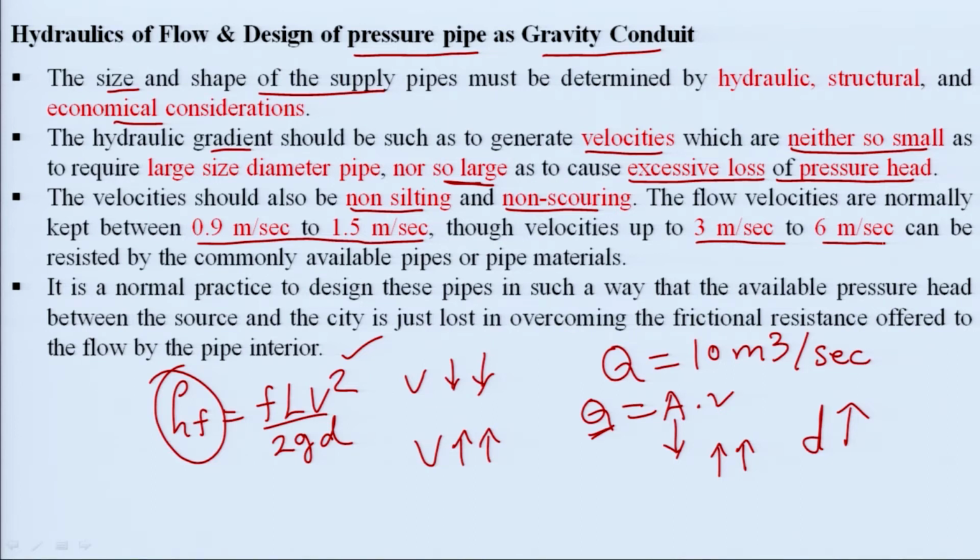Okay. So, the pipe should be designed in such a way that the available pressure head between the source and city should be capable of fulfilling the demand, as certain head will be lost because of friction.